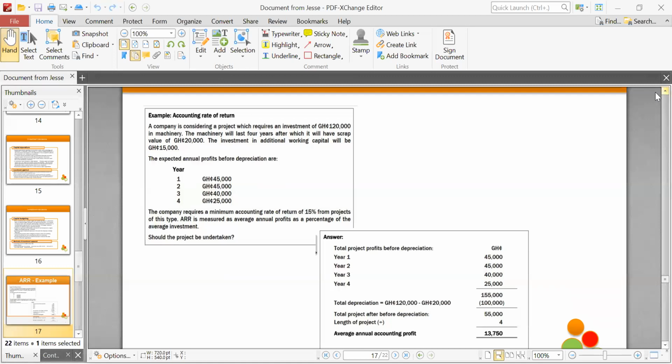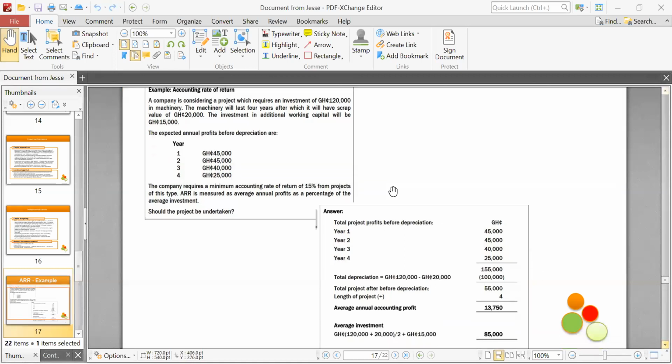Yes, so we have two things here, right? The initial cost of the investment is 120,000. The depreciated cost of the investment is 20,000. Is that clear?